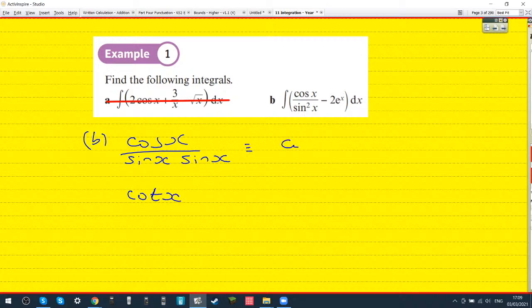So that there is cos x over sine x and times 1 over sine x. 1 over sine x has a special name: cosec. And so we have to integrate cot x cosec x.